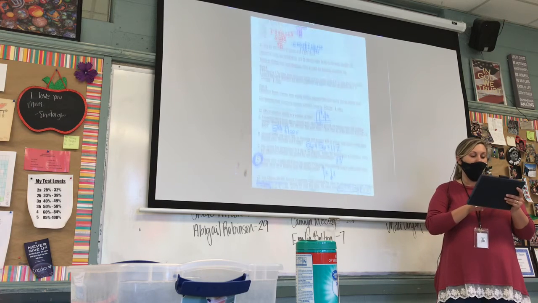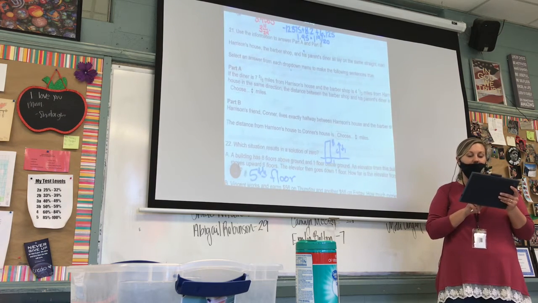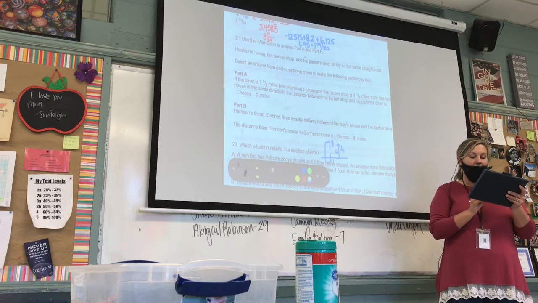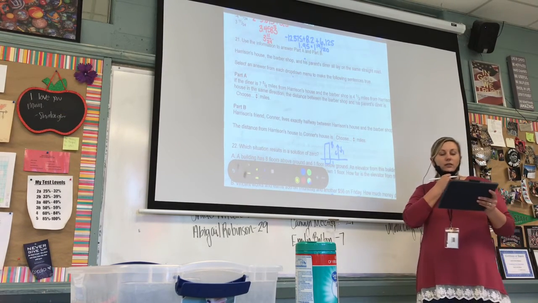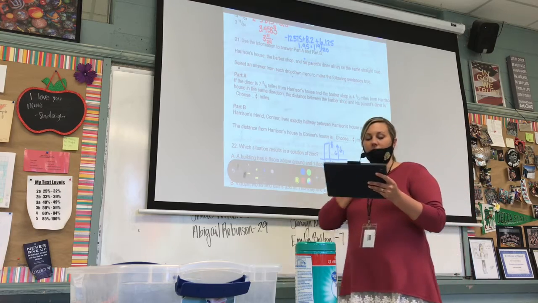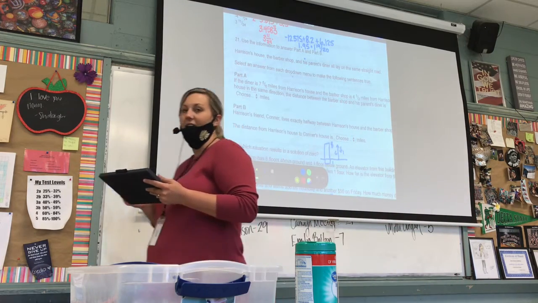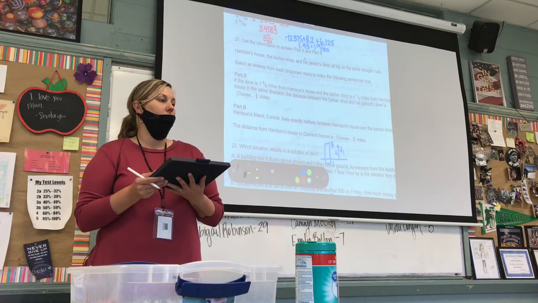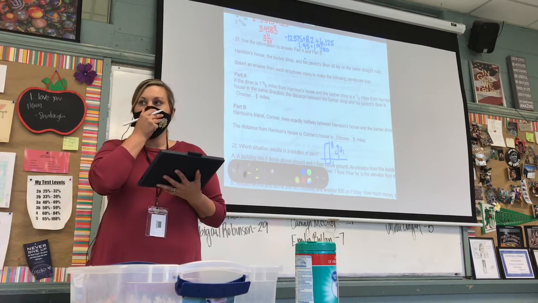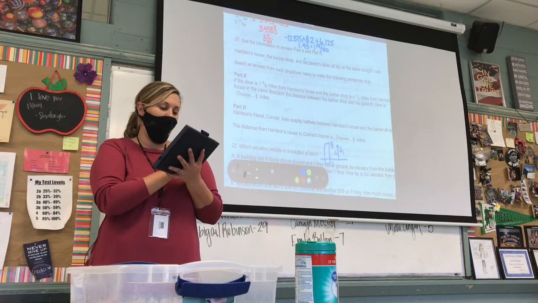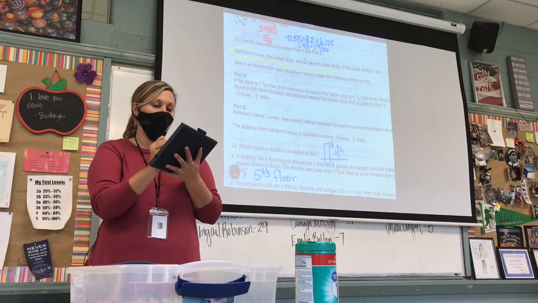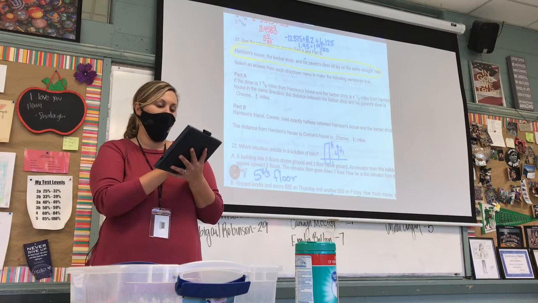All right, last one. And I saved it for last because it's the one that I told y'all I missed the first time I ever worked it. We've got 3 locations: Harrison's house, the barber shop, and the diner. How did I tell y'all to put those on the map? Like that. In that order, like it gives you at the top. That will be the order they go in.